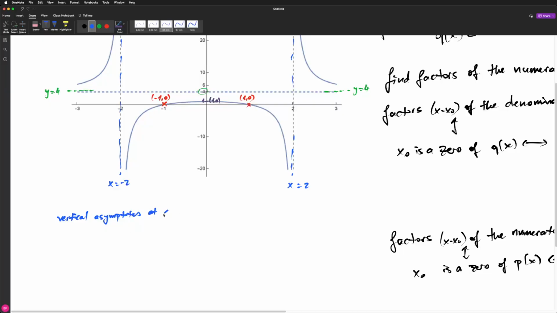At x equals -2 and x equals 2. So the vertical asymptote at x equals -2 will give us a factor of the form x plus 2, or x plus 2 squared, or maybe a higher power.